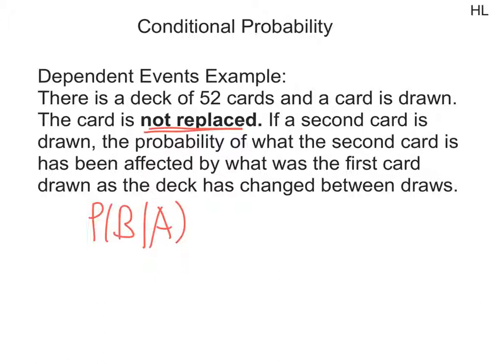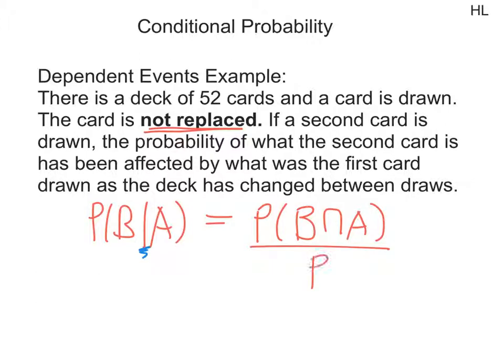This means the probability of B given that A has already occurred. This vertical line here is the mathematical notation for given. The conditional probability of B given A is equal to the probability that B intersects A divided by the probability of A.